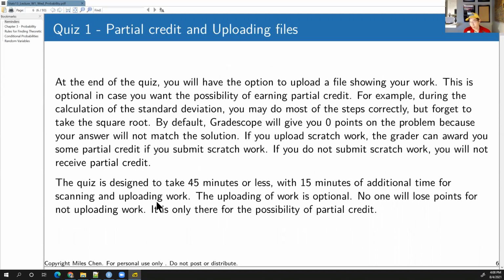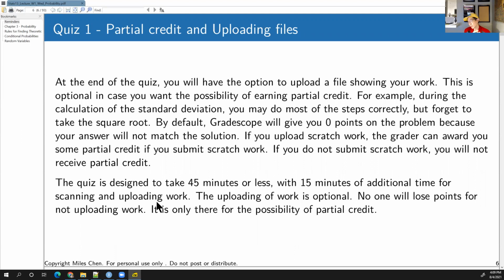There will be a spot at the end of the quiz where you have the option to upload a file, basically your scratch work, for some partial credit, okay? And this is optional. You don't have to do it, but basically, if you get a question wrong, you're going to get 0 points.